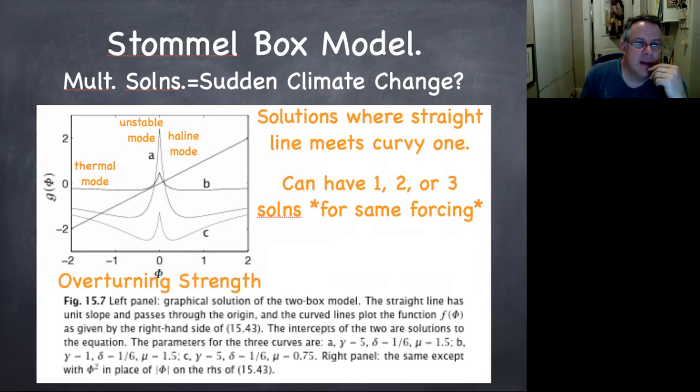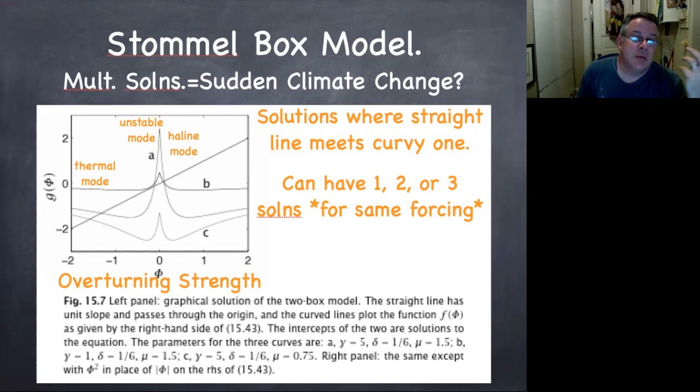This A, this one B, and this one C are for different parameters of the problem. Parameters like how strong T star and S star are, and other things like the ratio of thermal diffusivity to salt diffusivity, that all comes into this game.